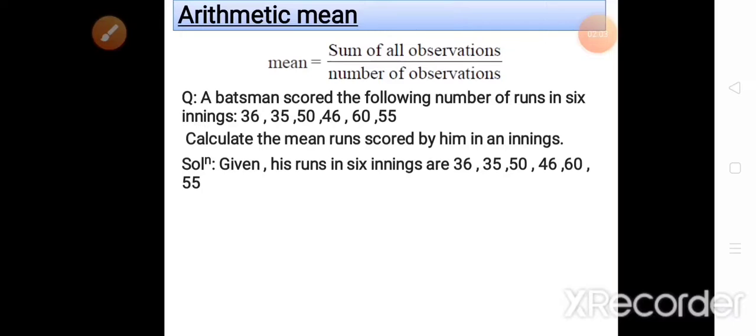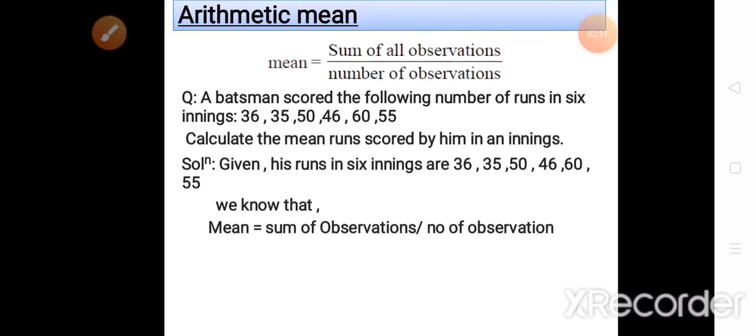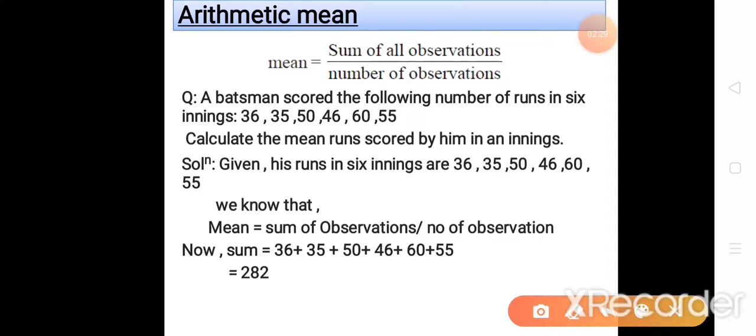It's given the runs in 6 innings are this and this, and then we know that mean is equal to the sum of observations divided by the number of observations. Therefore, let us first find out the sum of our observations, and the sum is equal to 282. You can try this on your own. These are the runs of the 6 innings.